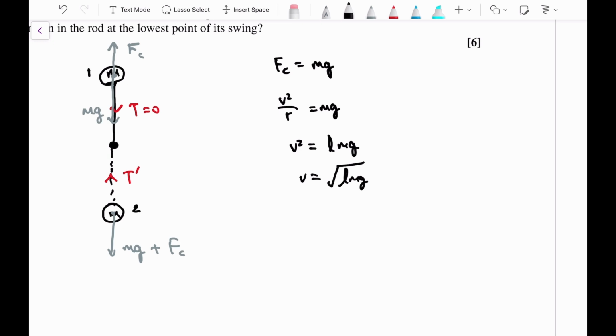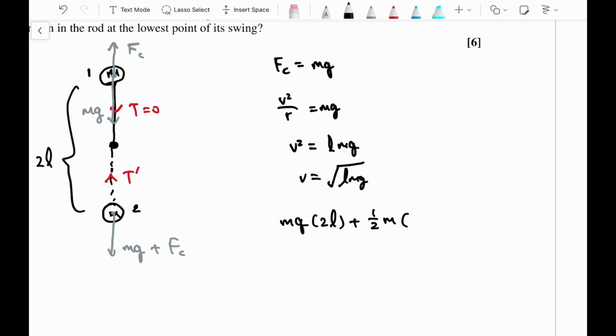So in this case, its gravitational potential energy is equal to mg times 2L, because essentially this entire distance is 2L, plus its kinetic energy.